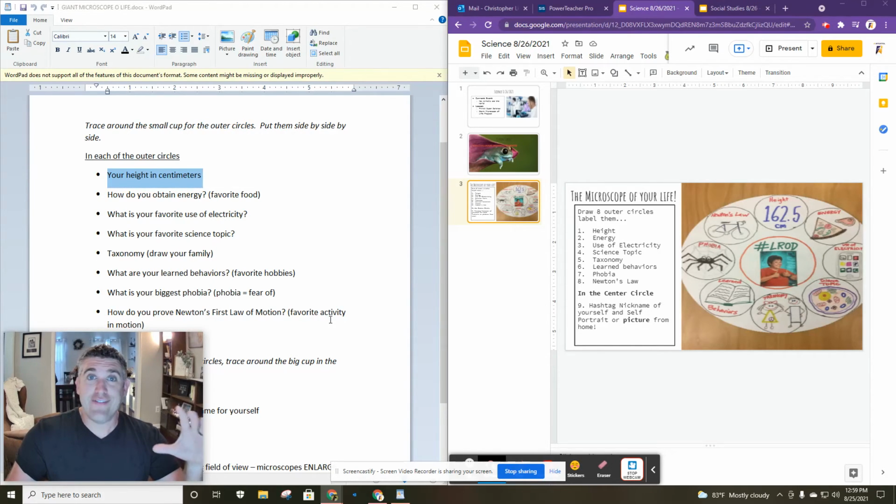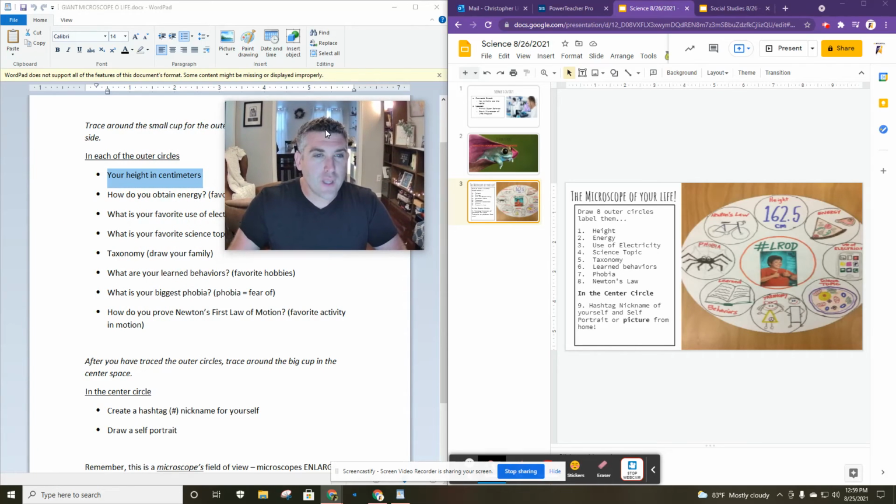What is your favorite activity to do in motion? So this can't be sitting and watching TV or a movie or Netflix. This has to be, what is your favorite thing to do actively? Okay, maybe it's fishing. Maybe it is going on a walk with your dog. That's what we're looking for here.